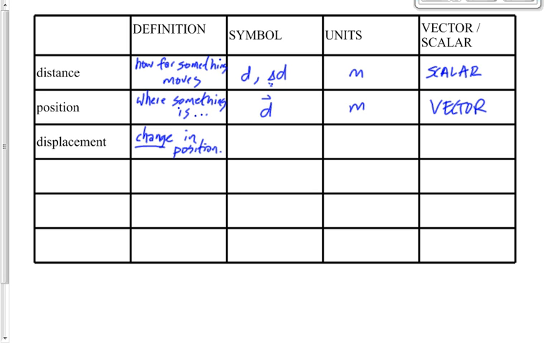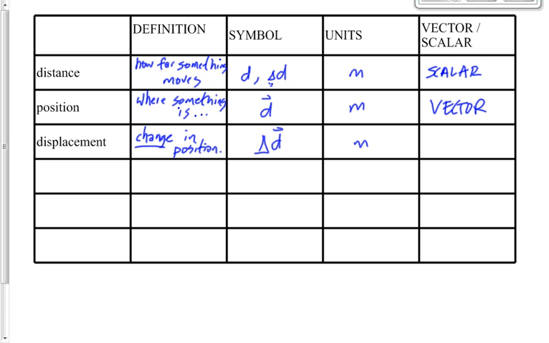The symbol for displacement, well, it's close to position, but it's the change in position. The units are meters, at least the standard units are meters. Vector or scalar? Aidan's displacement was 70 to the south, right? Because you moved to the south.